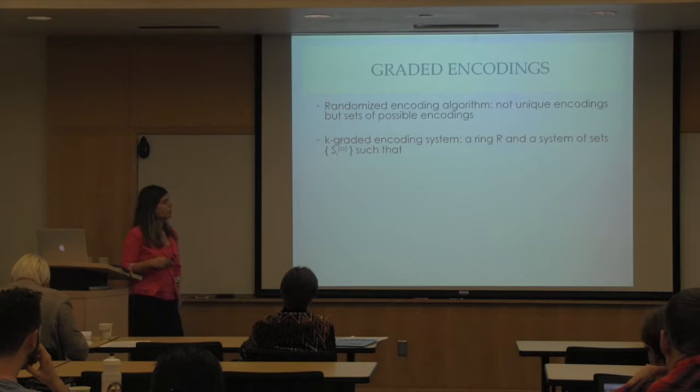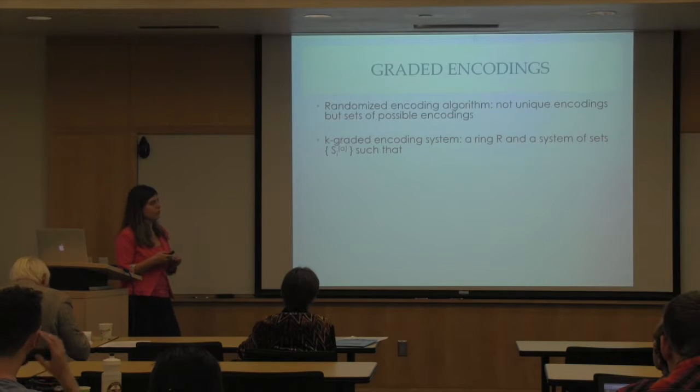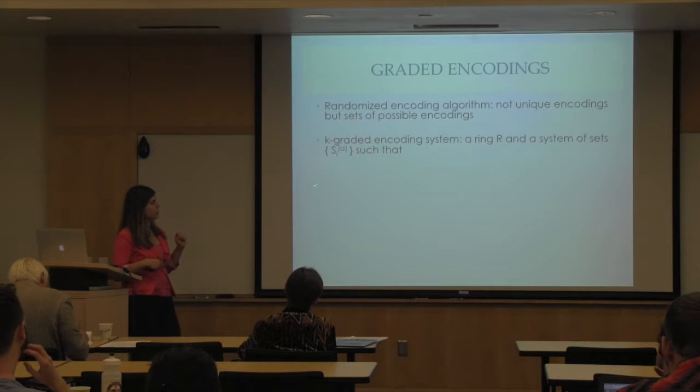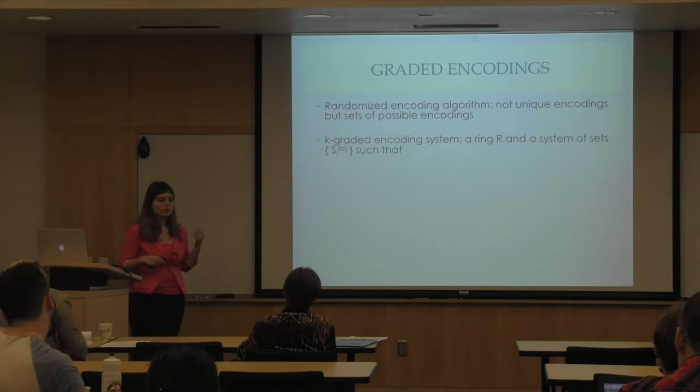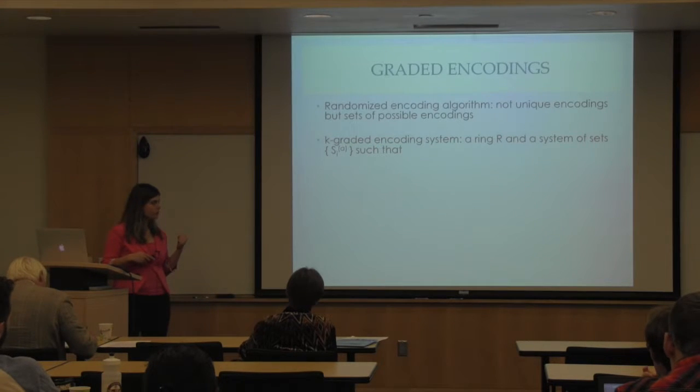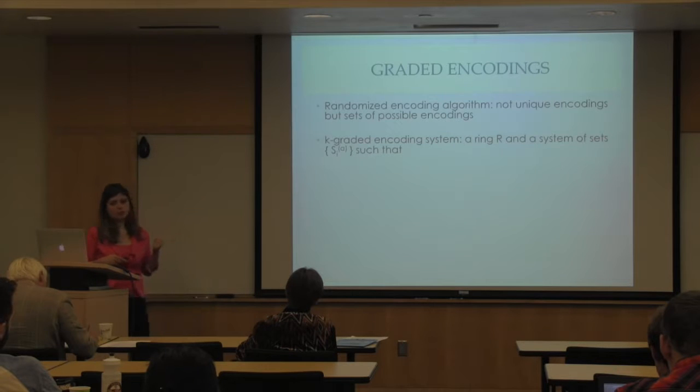So this graded encoding system will have an associated ring where the values of the encoding will be, and also will have a system of sets, which are of the form S_i^a, where i will be the level of encoding and a will be the element of the encoding. So what are the properties that we will require from these sets?